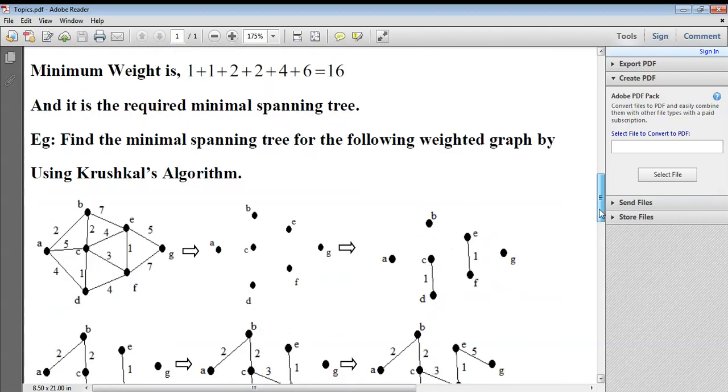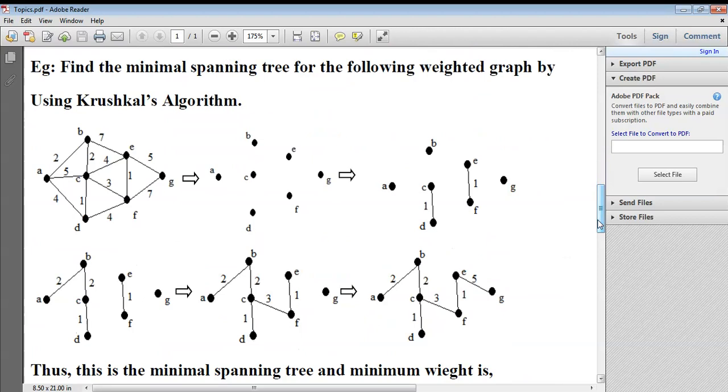In order to find the minimal spanning tree by using the Kruskal algorithm. Okay, so in the new example, the vertices are A, B, C, D, E, F, G. First, I have taken the vertices.